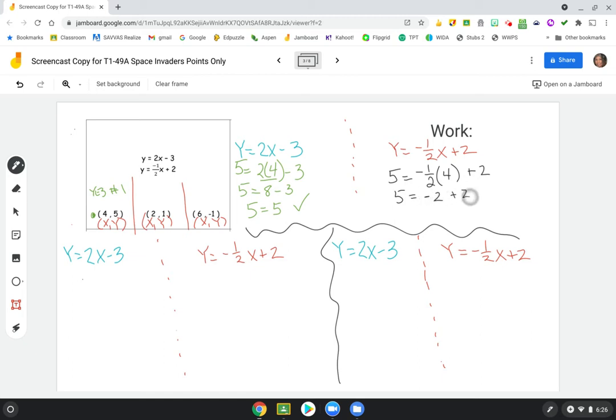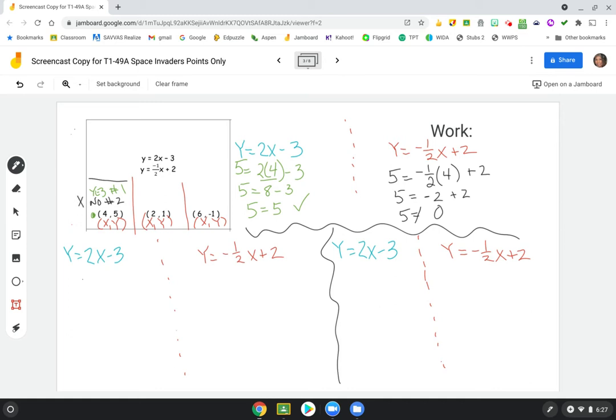Negative 2 plus 2 is 0, and 5 does not equal 0. So although this point is on the first line, it is not on the second line, so it's not the solution to our system. So it's not this point.